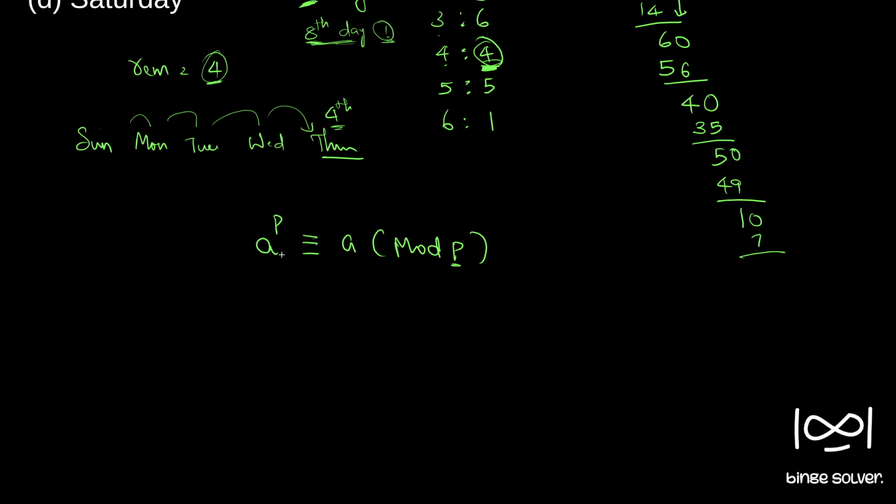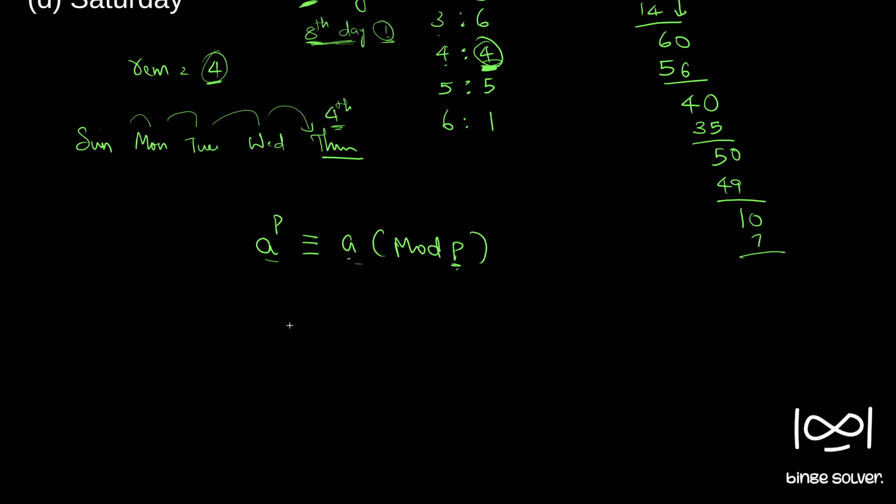What this means is a raised to p, when divided by p, will have the same remainder as a when divided by p. This is what Fermat's little theorem says.